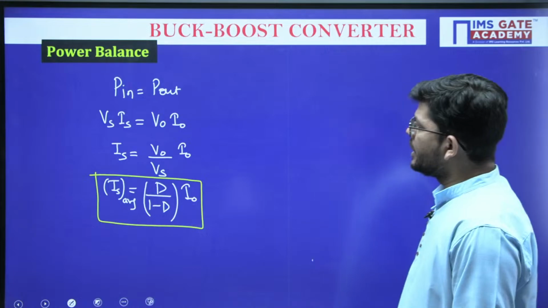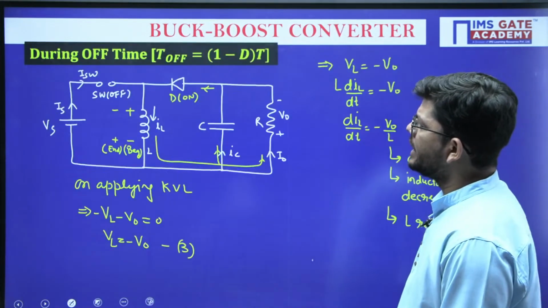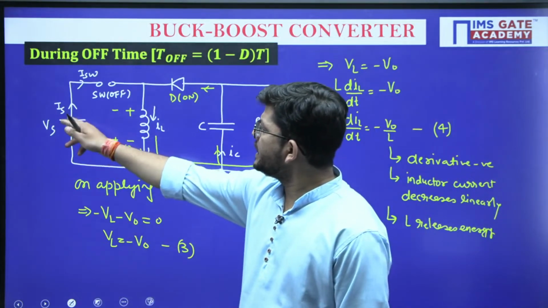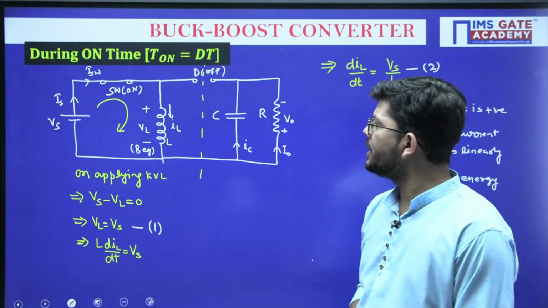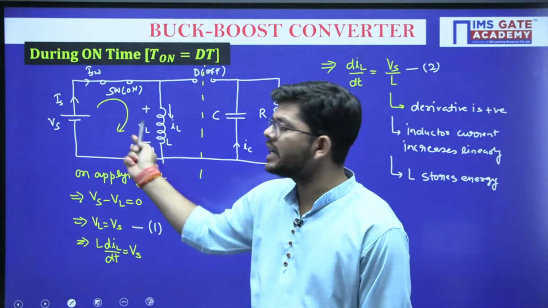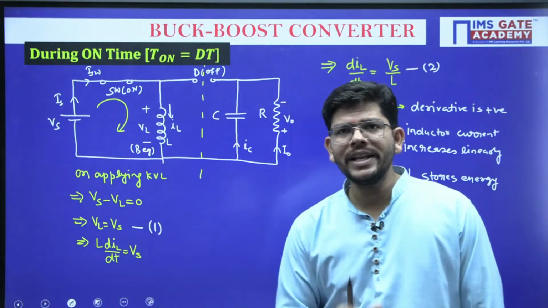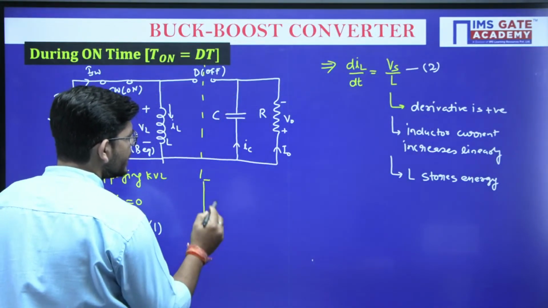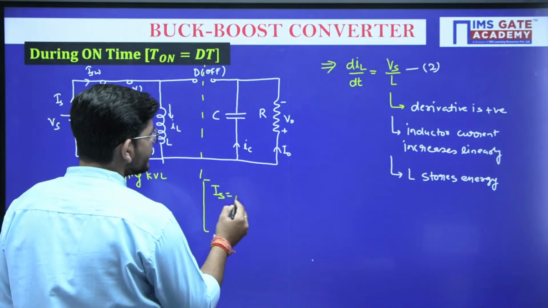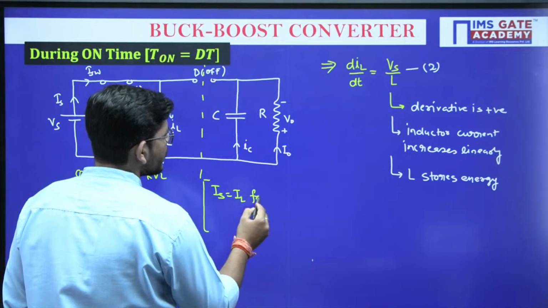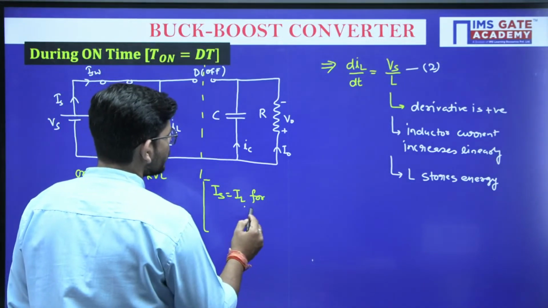Okay. Now just look into the circuit and can you tell me, source current is the same as inductor current during the on period? Yes or no, guys? Source current and inductor current are the same during the on period. What I can write here is the source current is exactly equal to the inductor current for T on equals dT.